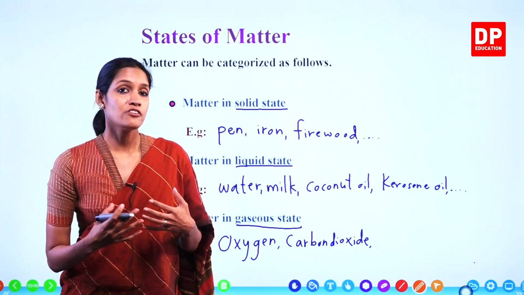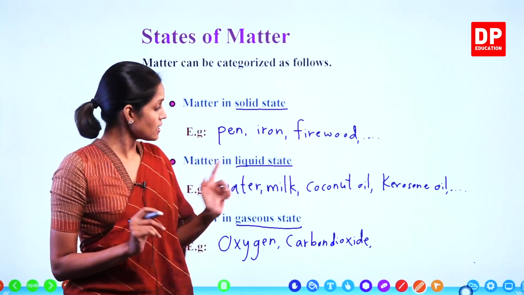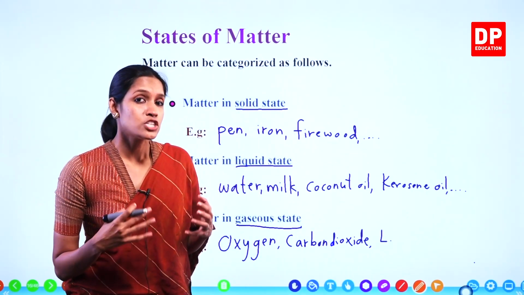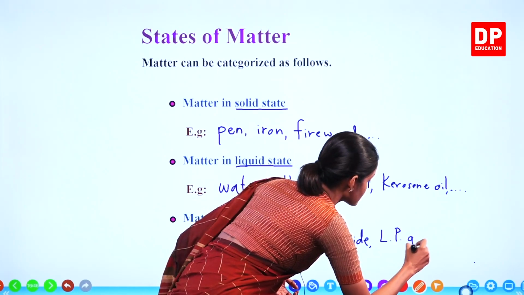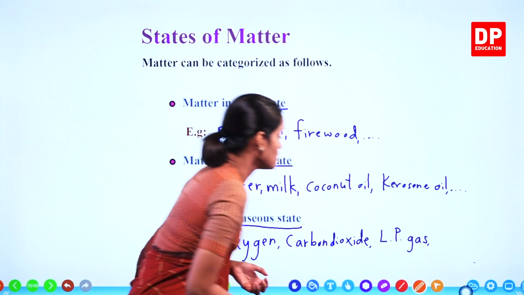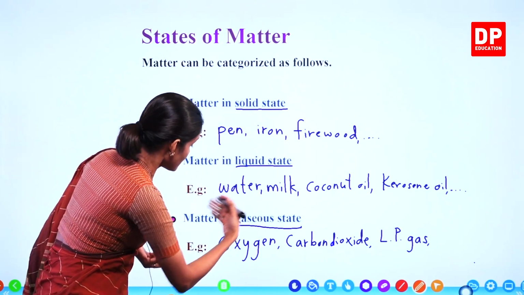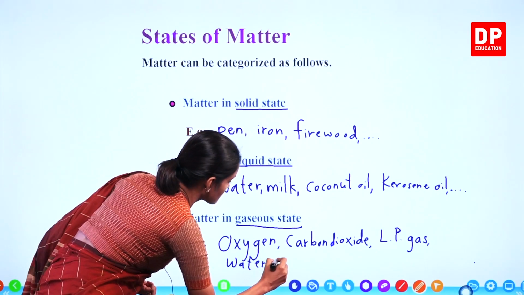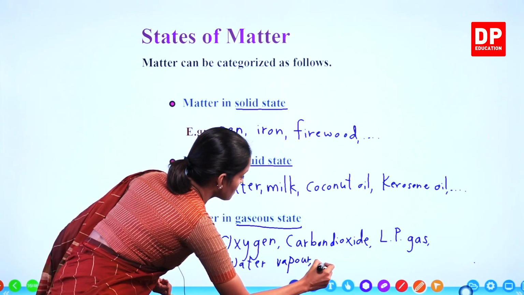In day-to-day life you use LP gas in gas cylinders. LP gas means liquid petroleum gas. What else? Water vapor, that is also coming under gaseous state. There are so many gases and others.